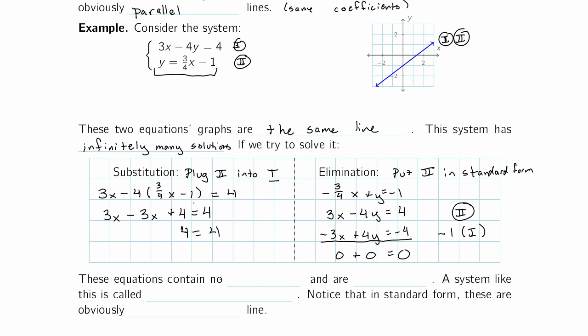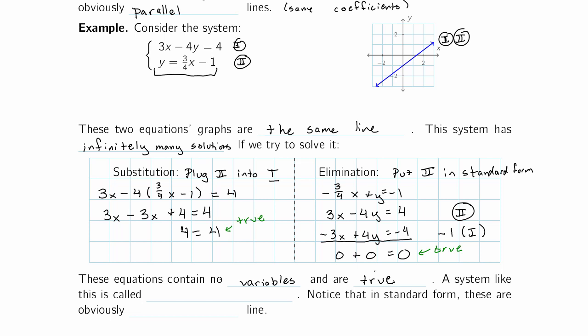Again, when we tried to solve this algebraically, we ended up with equations that contain no variables. But this time, well, 4 really does equal 4. This is true. 0 really does equal 0. This is also true. So we ended up with equations that contain no variables, but in this case, those equations are true.